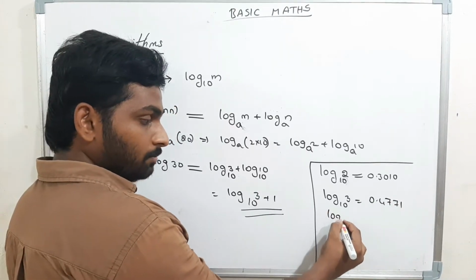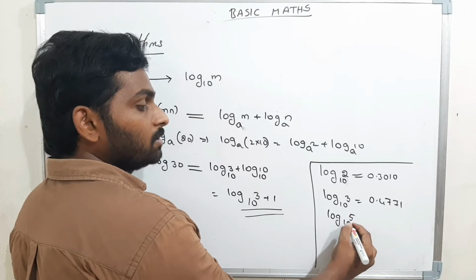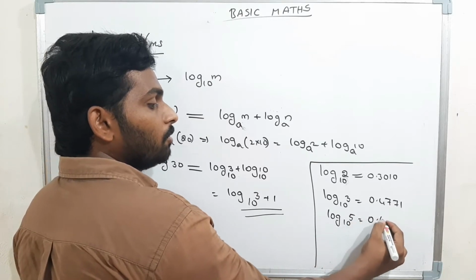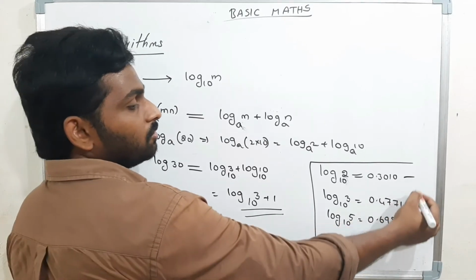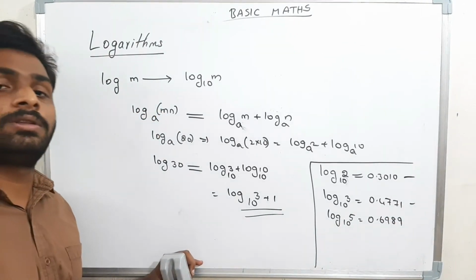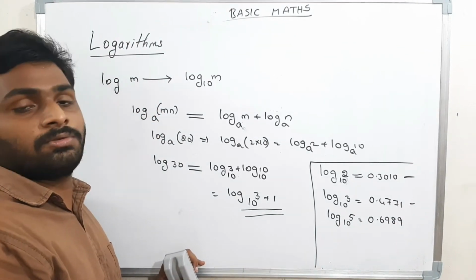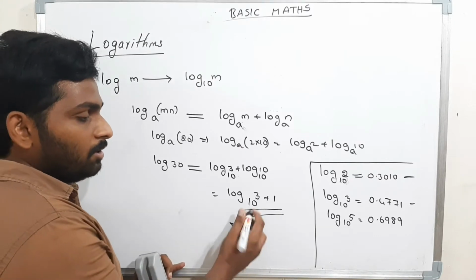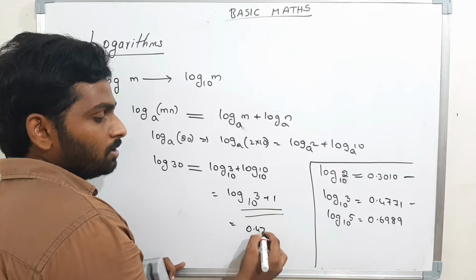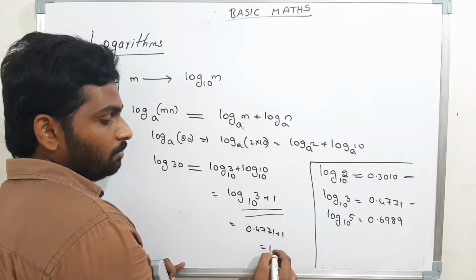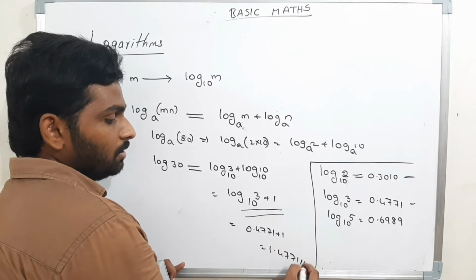And log 5 base 10 is equal to 0.6989. Please remember these values. At least these two you should remember, 0.3010 and 0.4771. Now what is the value of log 30? Log 3 base 10 is 0.4771 plus 1. That is nothing but 1.4771 is the answer for log 30.